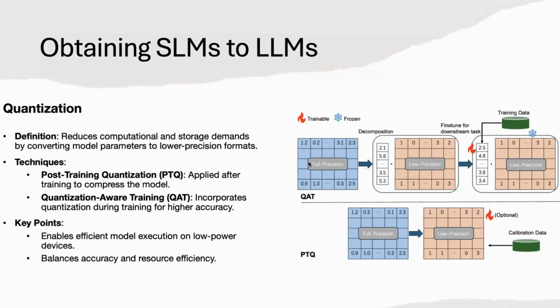So you're making these numbers less complicated, and also training it in parallel so that your model doesn't lose a lot of accuracy. Here, in post training, after the training process, you're basically quantizing, approximating your parameters to be smaller. So this is happening after the training process.